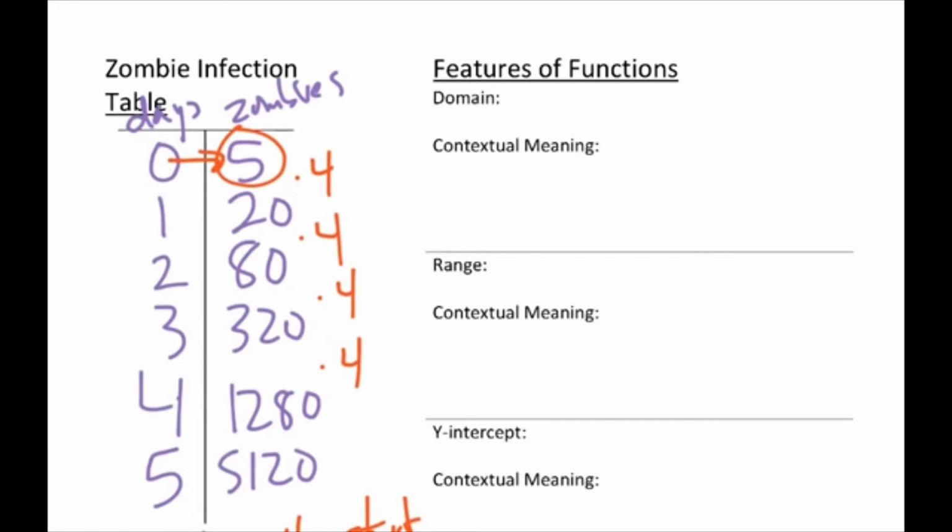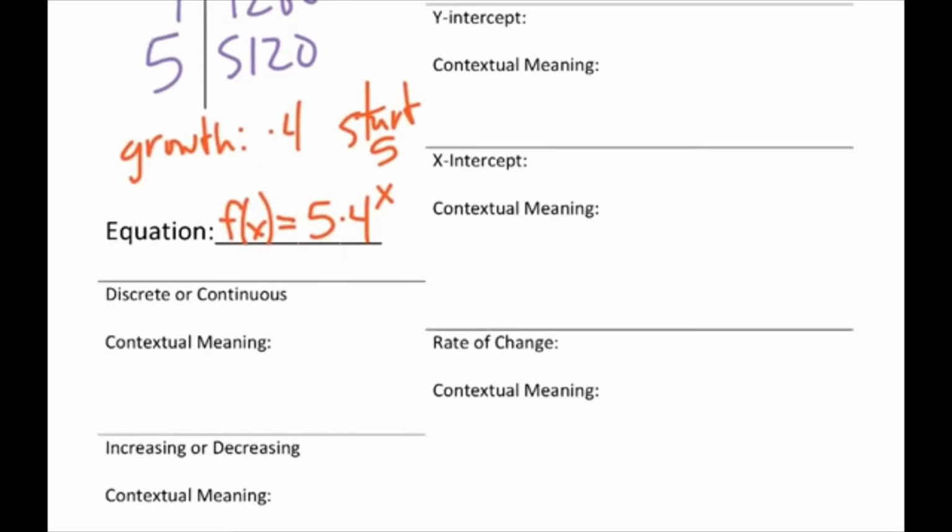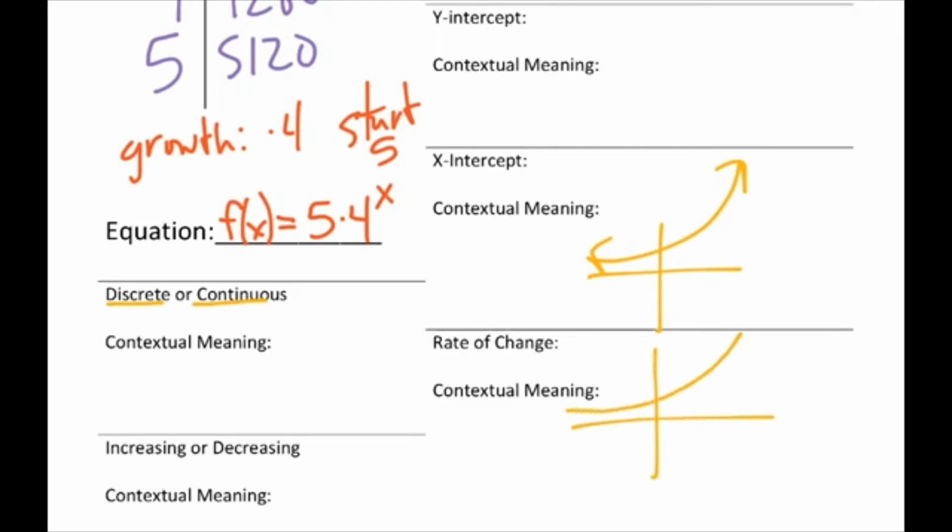Thinking about these features of functions, we usually want to graph first, but I guess what I need to decide is, is this graph going to be discrete or continuous? Remember, continuous is if it's a line. Discrete would be more like dots, right? That you don't have the in-between.